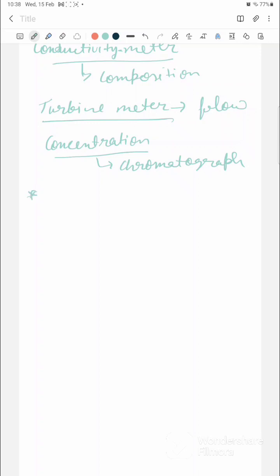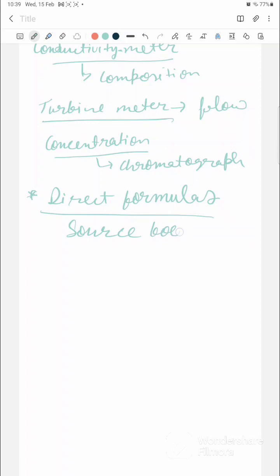So guys, these are the direct formulas. No one can understand directly what I am teaching here now, so please go through the source books of respective subjects for depth knowledge.